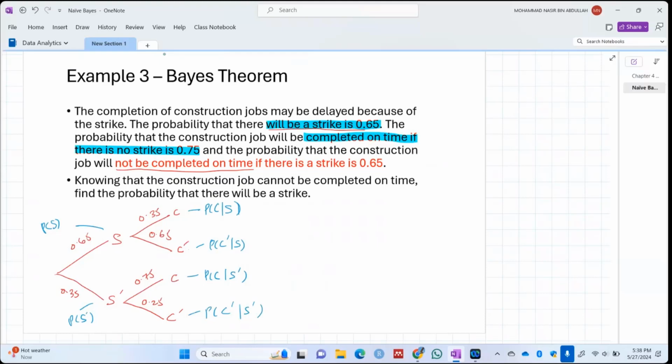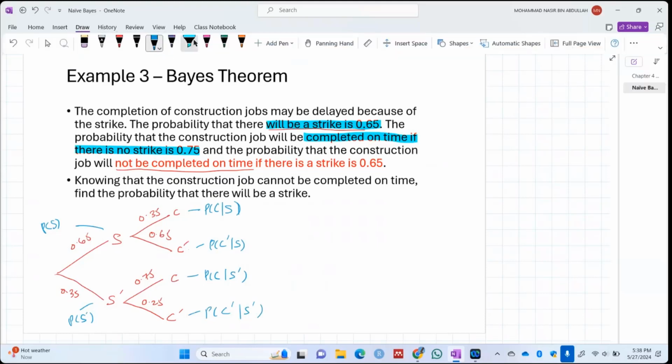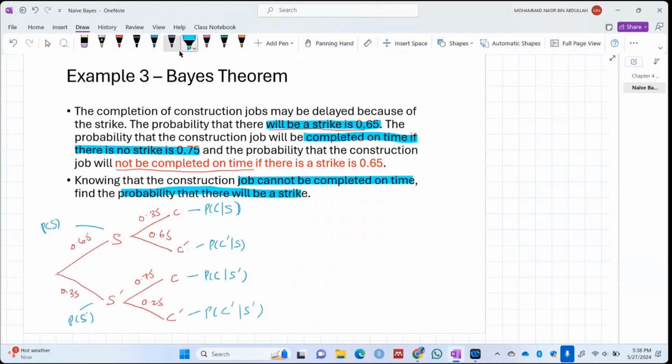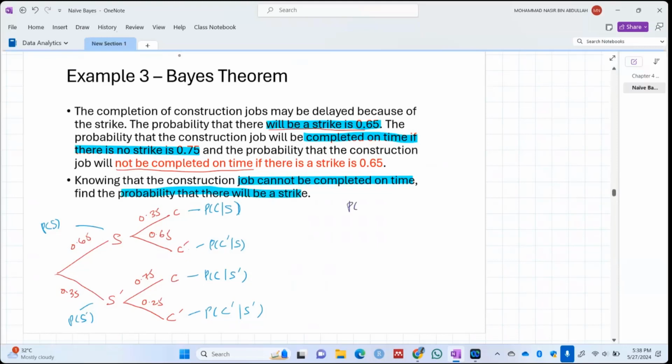Okay, so we want to know the probability. We know that the job cannot be completed on time. This is the first information we know. We want to know the probability that there was a strike. So based on the tree diagram and conditional probability, we want to find the probability of strike given that the job is not on time.